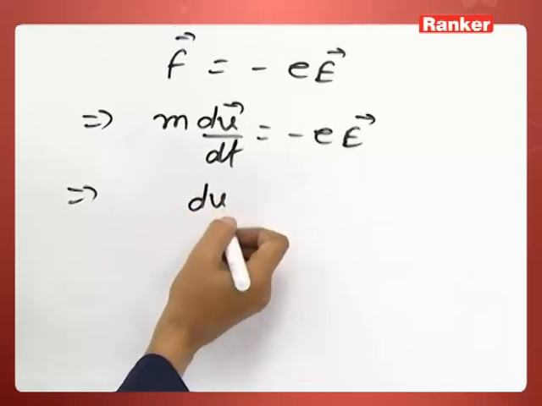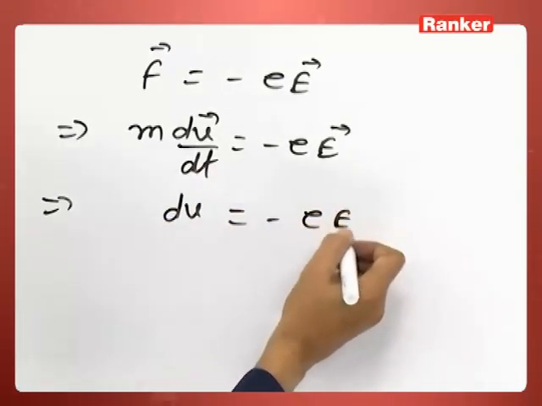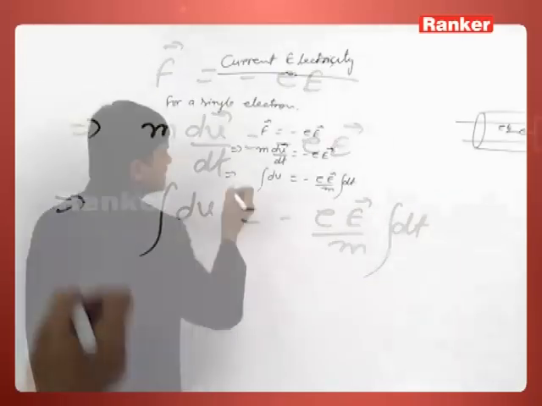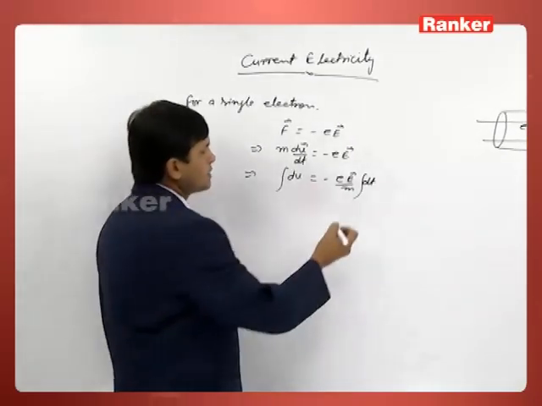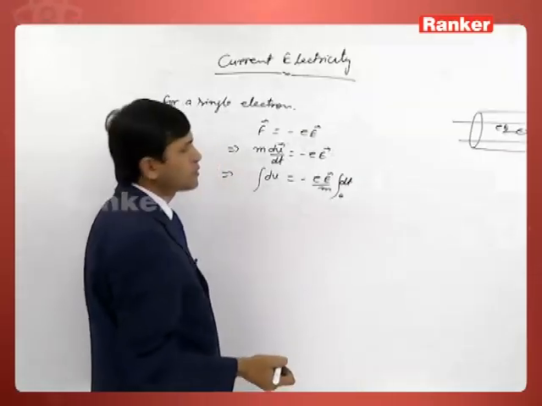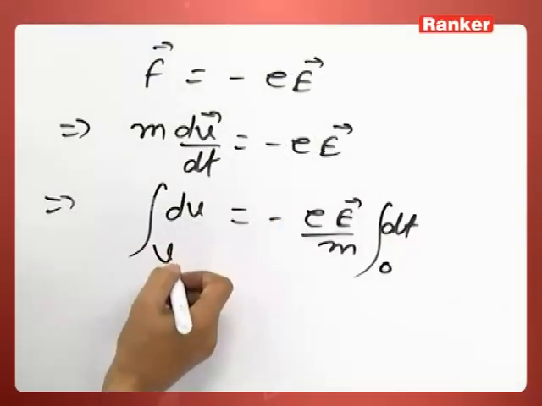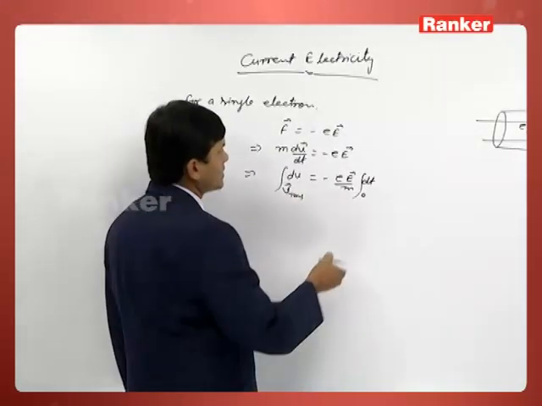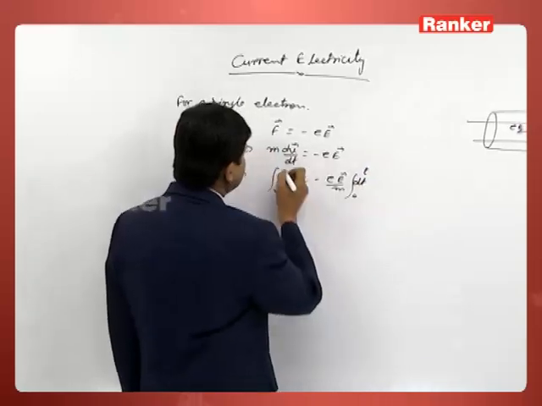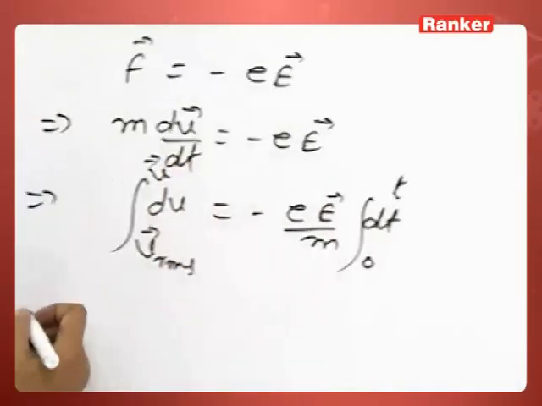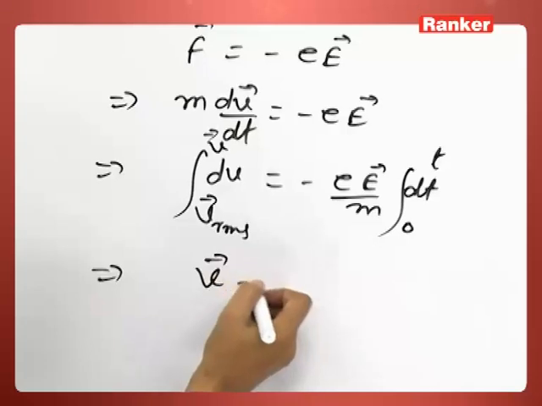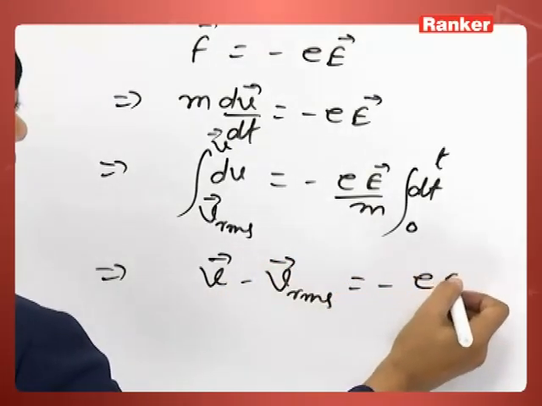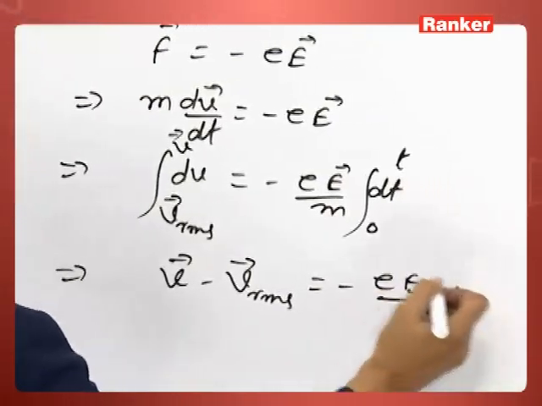So dV is equal to minus eE by m into dt. Now integrate from 0 to t, where 0 is when the electric field is started. At that time the velocity is Vrms, the random velocity. At time t, the velocity is V. So our equation will be V minus Vrms is equal to minus eE by m into t.